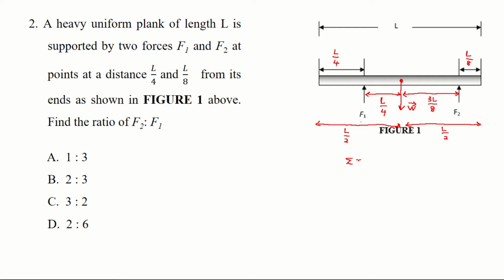So we use torque. Total torque equals 0, so the system is balanced. Taking rotation about the point of the weight, torque clockwise equals torque anti-clockwise. Referring to the diagram, from the axis at the weight to force F1 is up here, and this is the action line for F1.